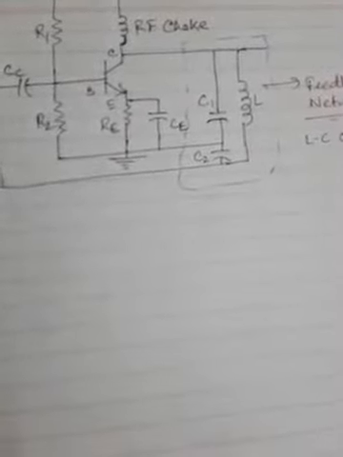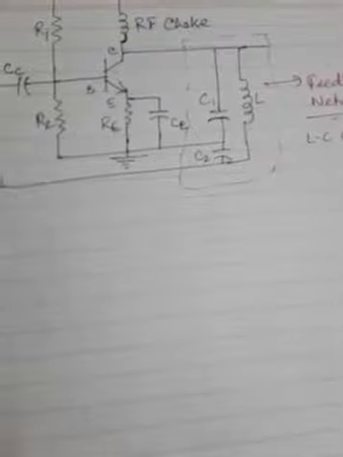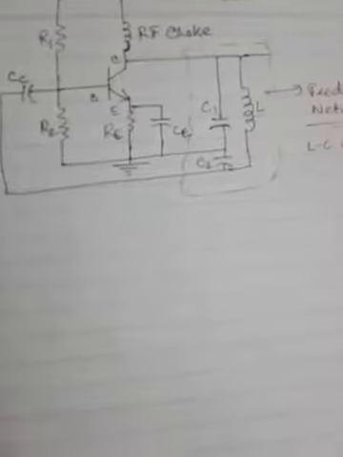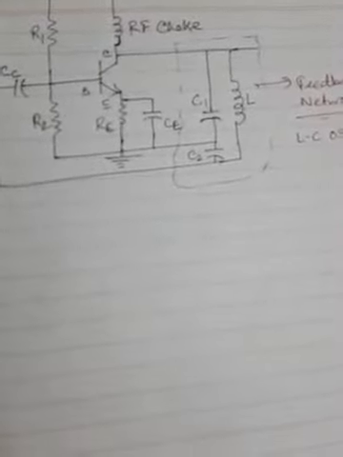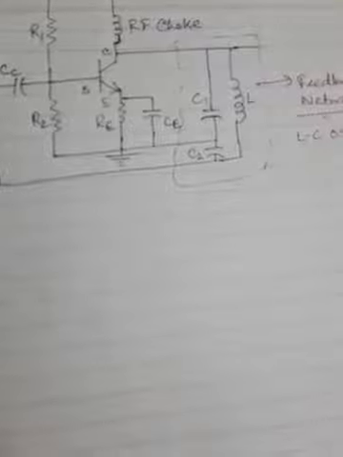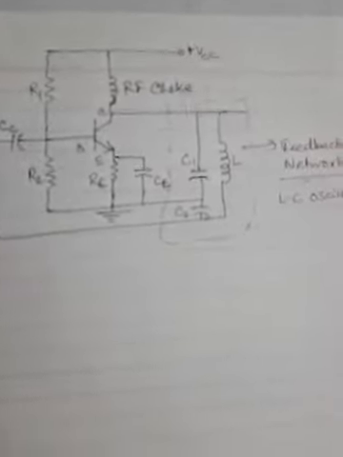And this feedback through this LC tank circuit into the base is done through the small resistance of the inductor coil L, and this inductor coil L has very small resistance.